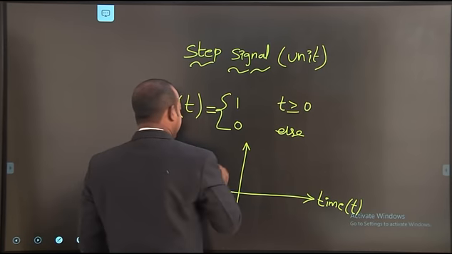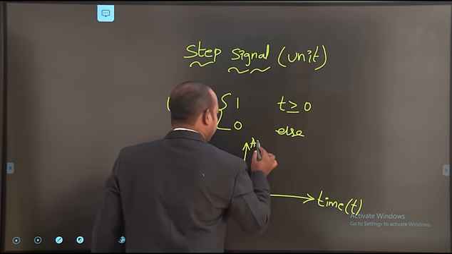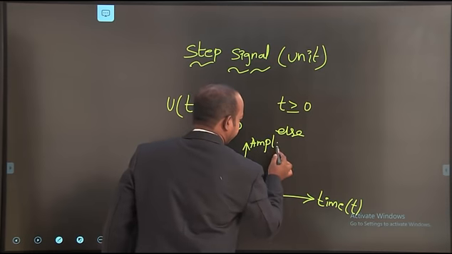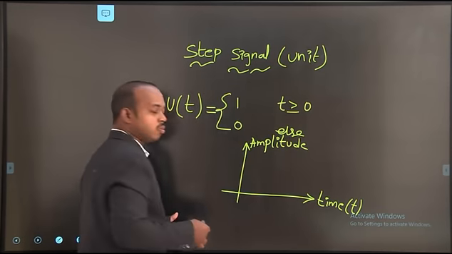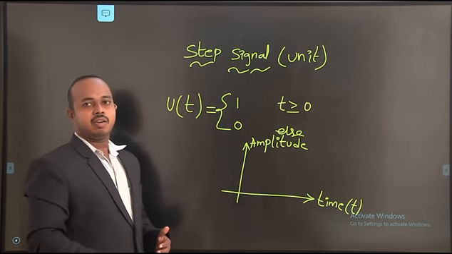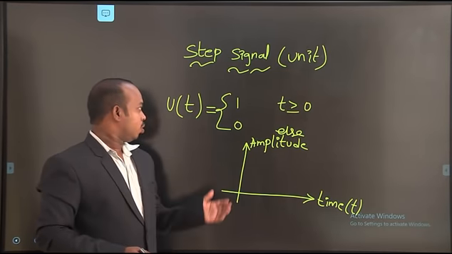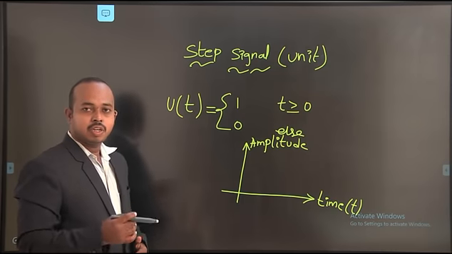On the vertical axis, we consider the magnitude, that is, the amplitude, taken in terms of voltage, current or power. Here the magnitude quantity is 1.